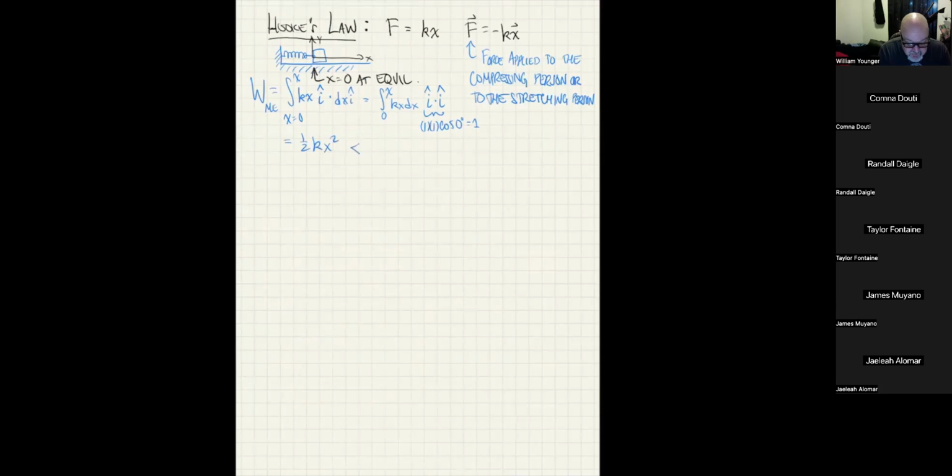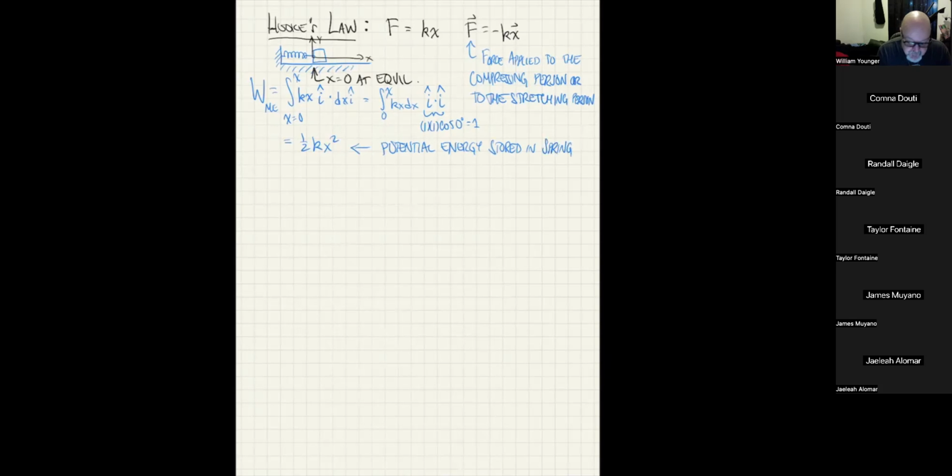And you can think of this as potential energy stored in a spring. And that's if the spring has been compressed or stretched by an amount X. So that's one way of thinking about what I just wrote, 1/2 kx squared, stored in spring.